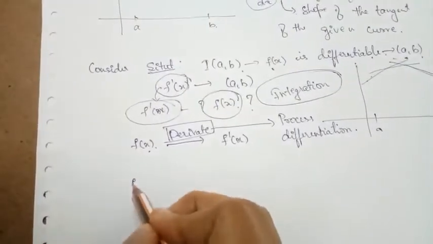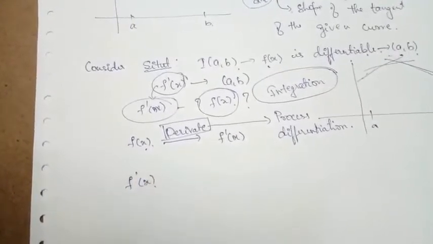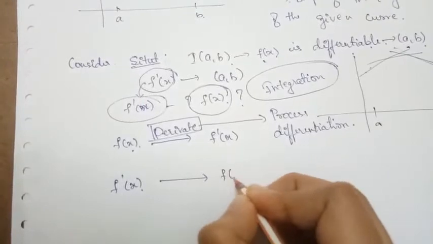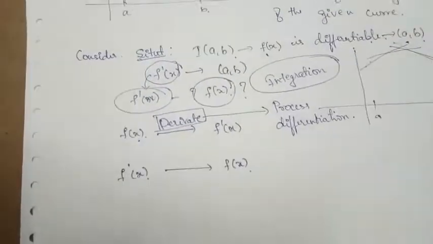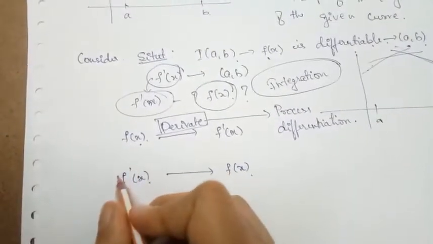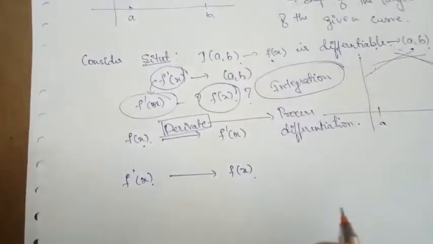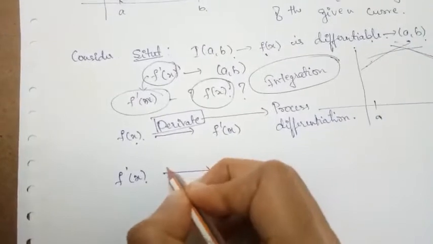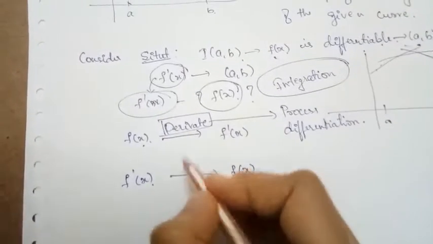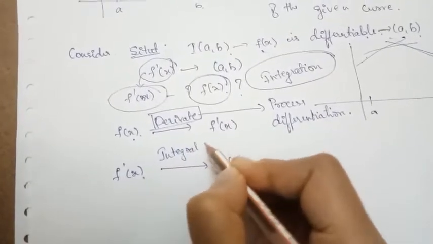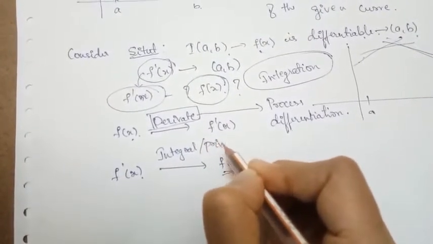So when we have the derivative of a given function and we need to find f of x, when they have given the derivative and we need to find the given function, this function is called an integral. It is also called a primitive.